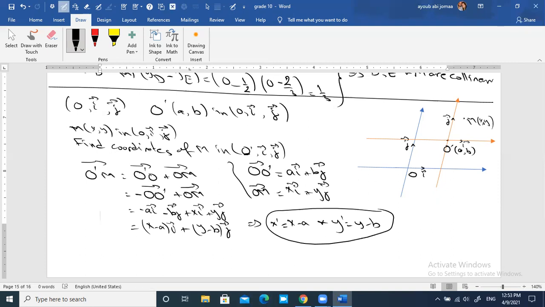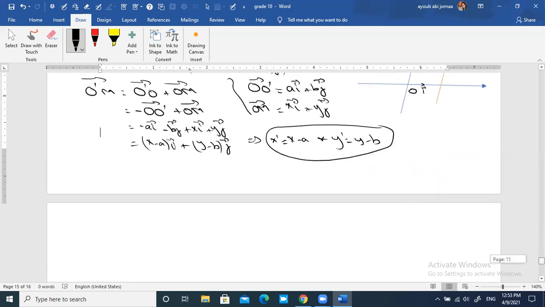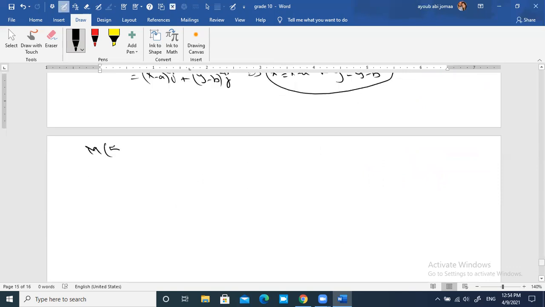Example, let's say you have a point M of coordinates 5, negative 7 and A, negative 3, 2 in a system OIJ.